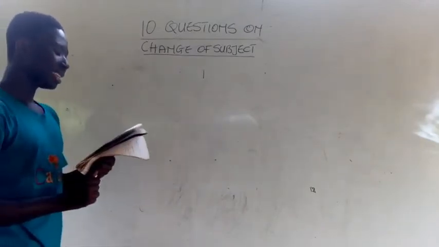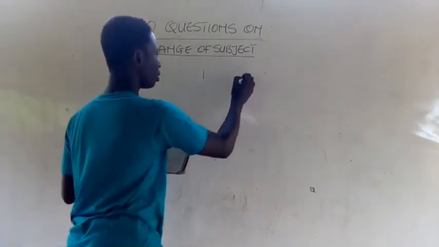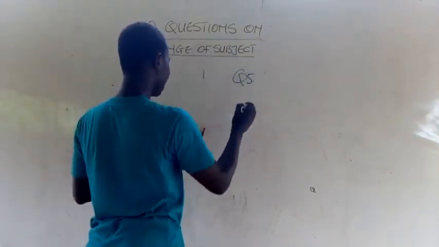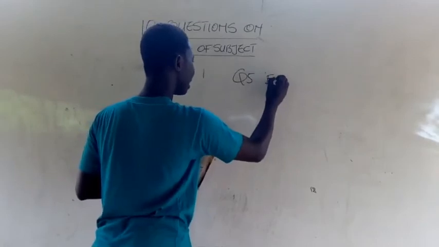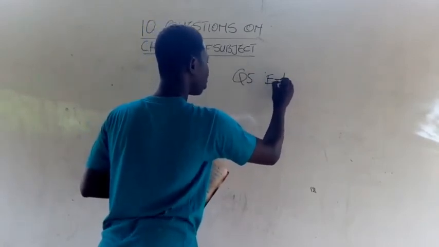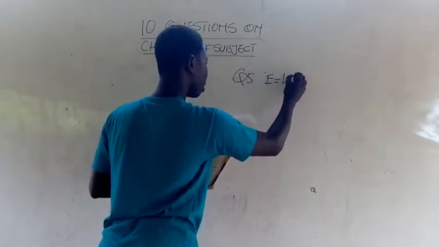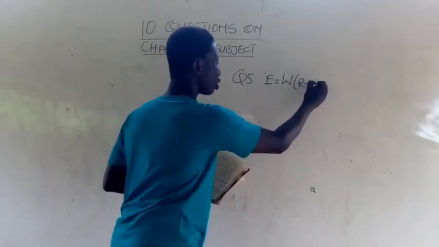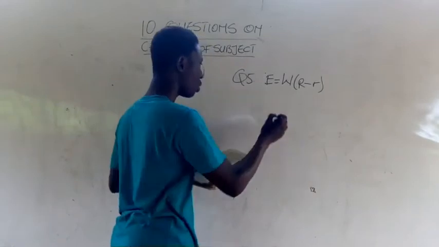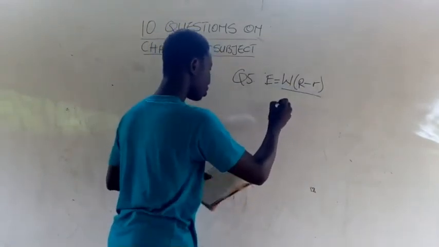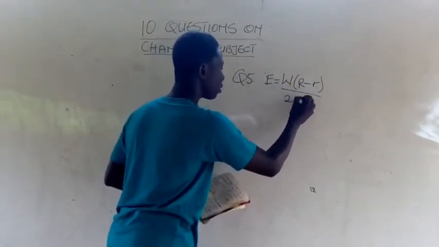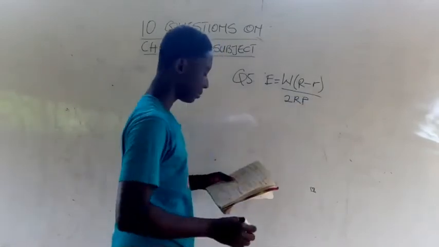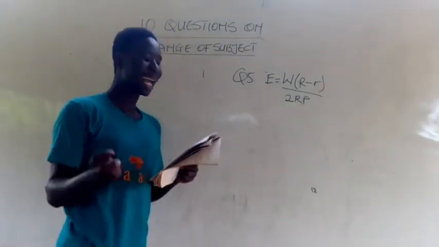Given that E is equal to W into capital R minus small r all over 2 multiplying capital R P, make capital R the subject.